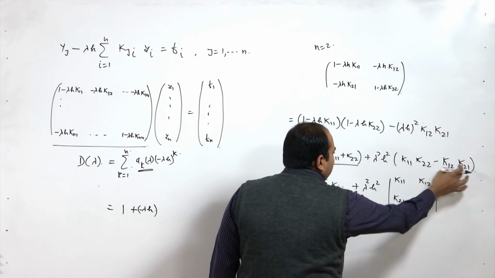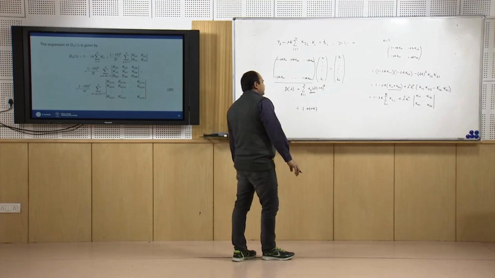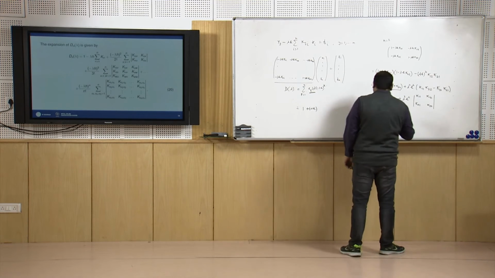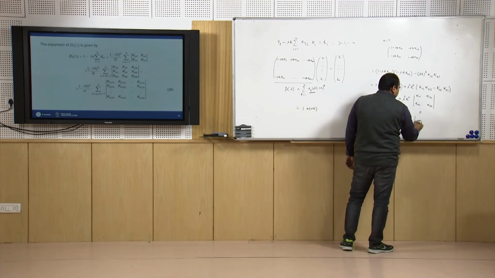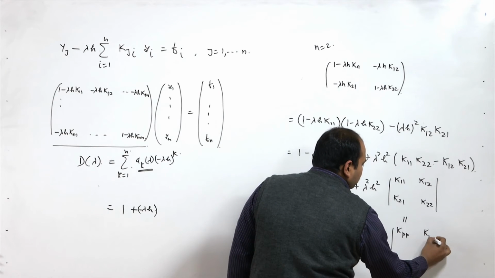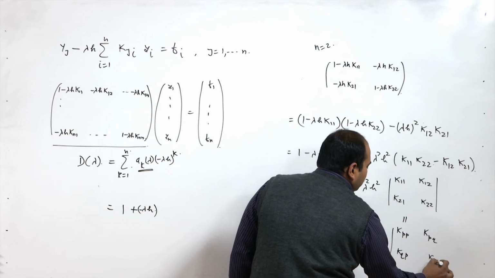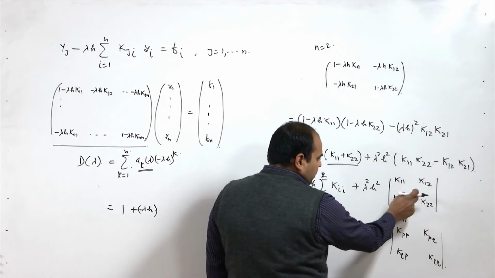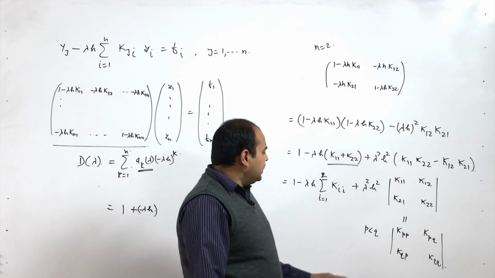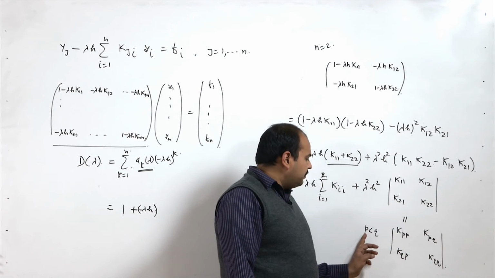So I am saying that here, if I write it, it is kpp and kpq, kqp and kqq. Here I am just denoting this for which p is less than q, right. So here I am writing this expression, the value of this when p is less than q.